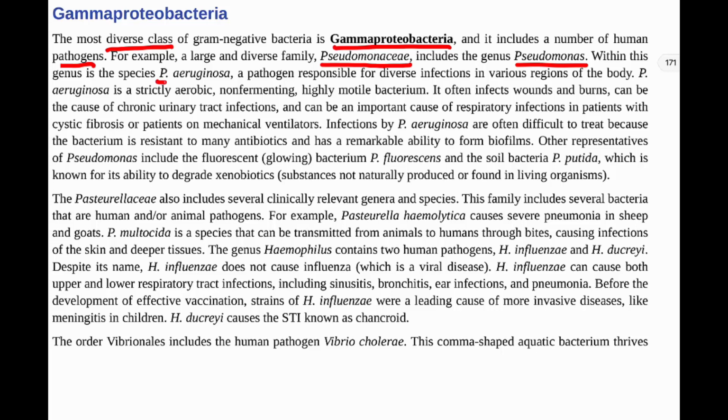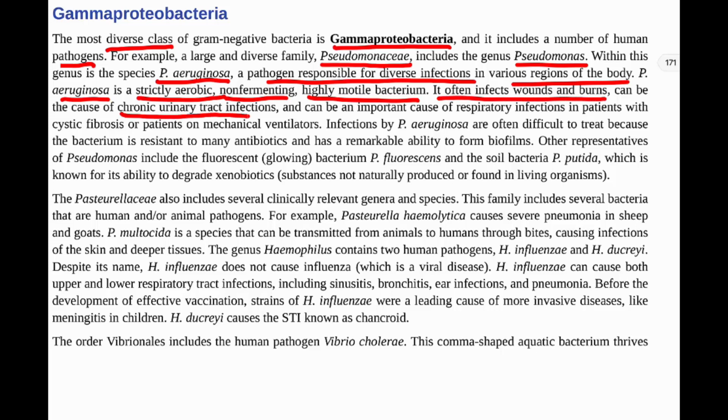aeruginosa, which is Pseudomonas aeruginosa, the pathogen responsible for various infections in various regions of the body. P. aeruginosa is strictly aerobic, so again, it needs oxygen in order to survive. It is non-fermenting, and it is highly motile, meaning it moves a lot. It often infects wounds and burns and can be the cause of chronic urinary tract infections.